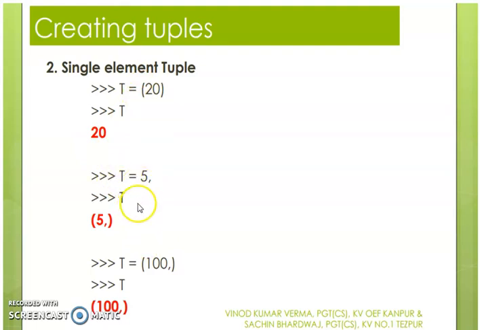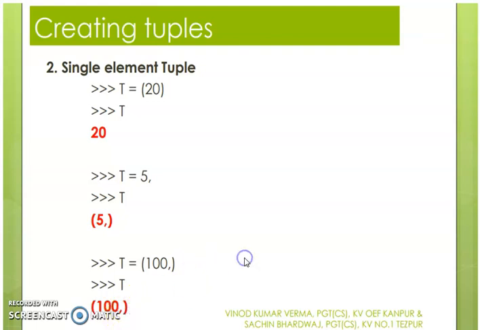Otherwise, you can give t is equal to 5 comma. That means it will take this as a tuple. Then when you print this, you will get the answer as 5 comma in parentheses. Next, t is equal to 100 comma. Then print t means it will print 100 comma in parentheses.